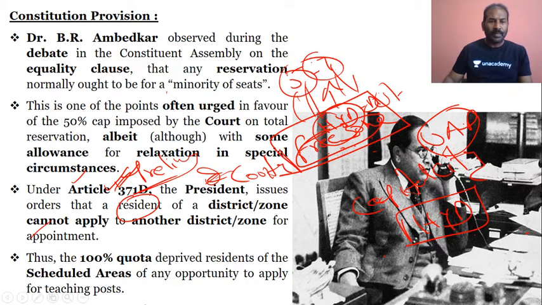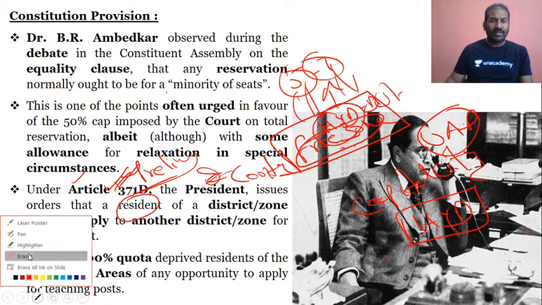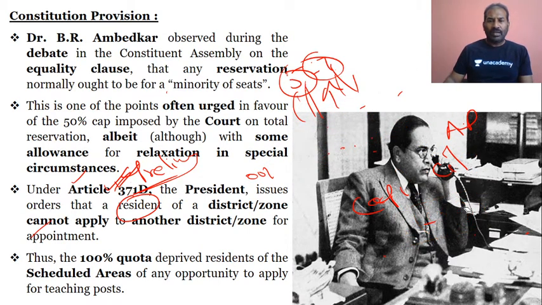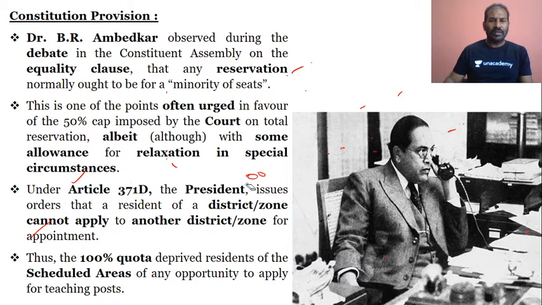That is why I am saying, when you read it only in regards to Article 371, the President's order says the resident of one district should not apply in another district. It applies only in regards to that. But when it is amended, as I said, as a free zone, then it is different.